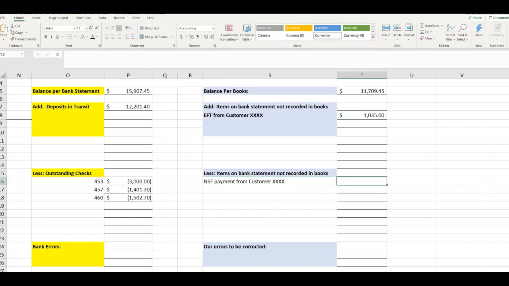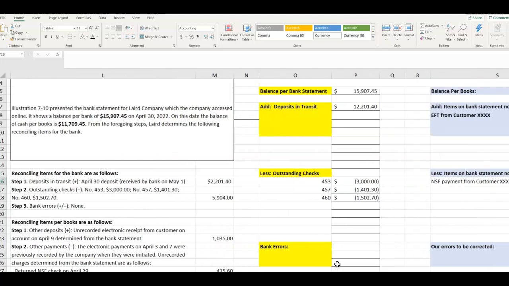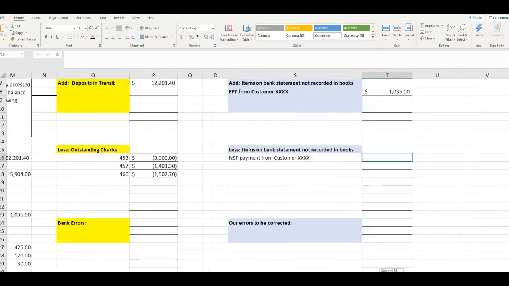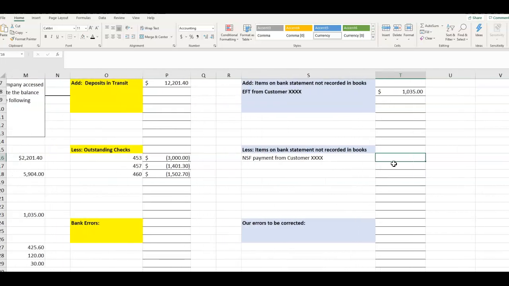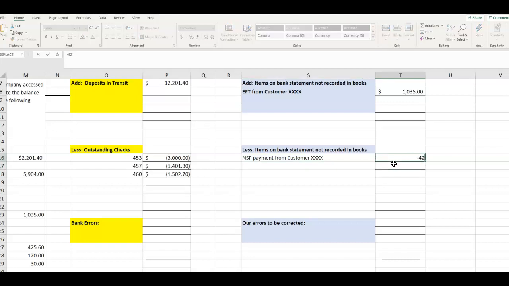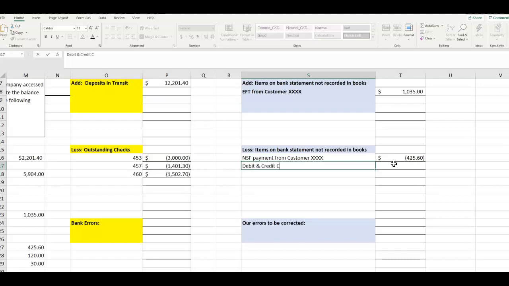And I'm going to have to go back and look at the amount now. $425.60. The other was the $120 debit and credit card fees.